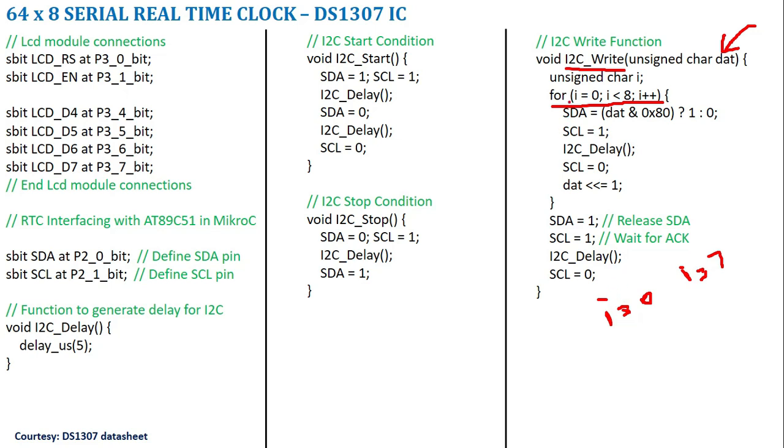We take the bit one by one and send it out. So first the data is initialized to some value, right? For example, I have the first bit, so 0, 0, 0, 0.